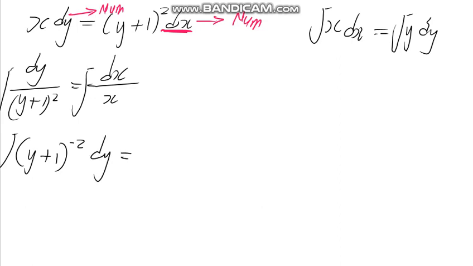It will be equal to, remember, the integration of 1 over x is ln x. You can go to the table of integrals and you will see that it's ln x. And then you only add c on the variable of x. You cannot add it on the y.